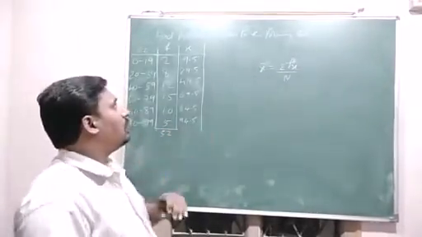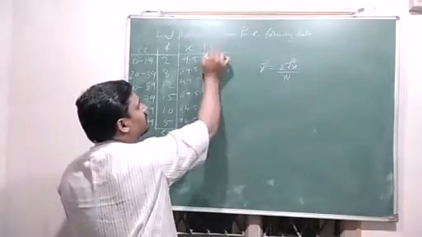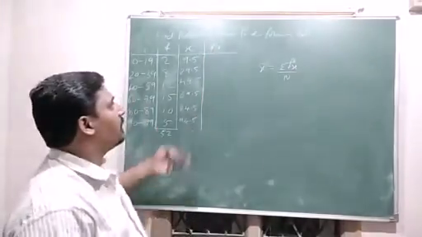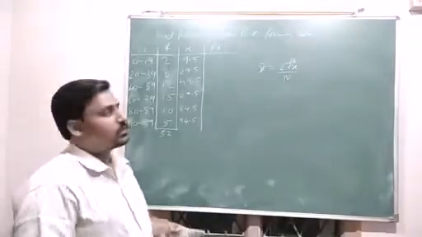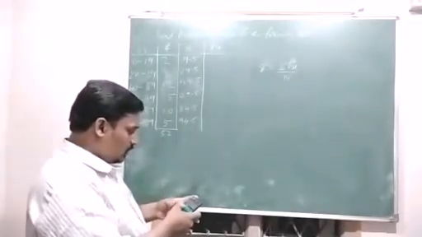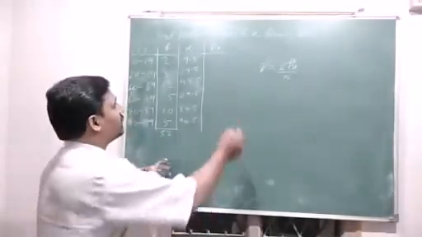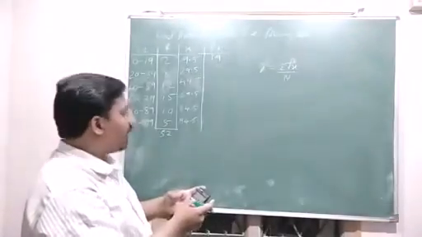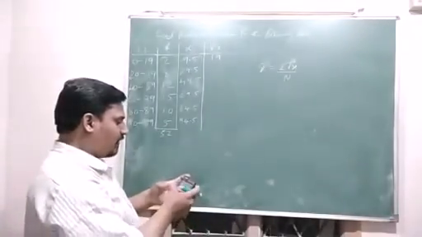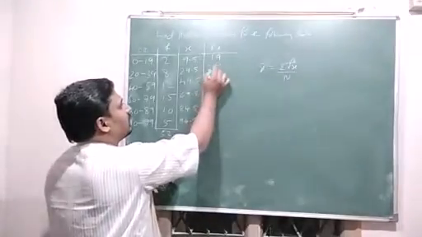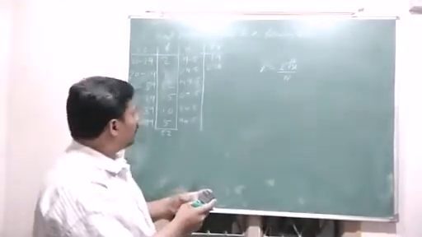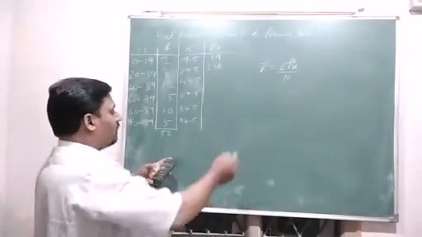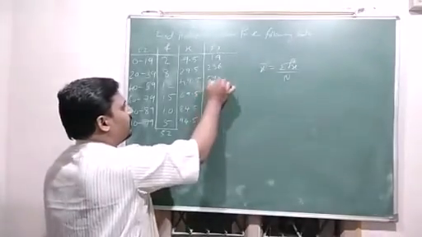Now let us calculate the fx column: frequency into midpoint, that is x here. First 2 into 9.5, we get 19. Next 8 into 29.5, 236. Next 12 into 49.5, 594.